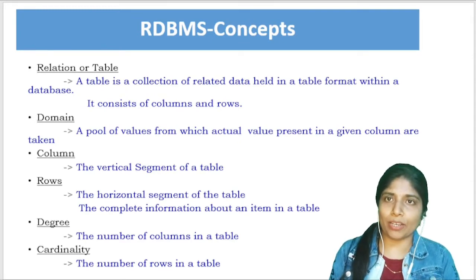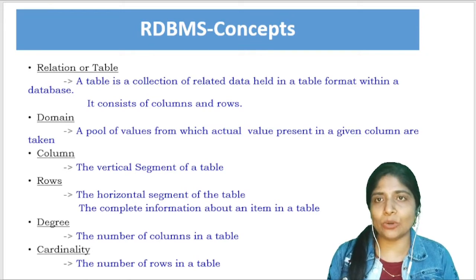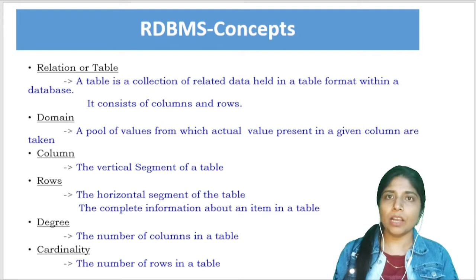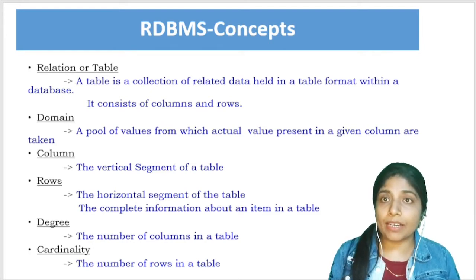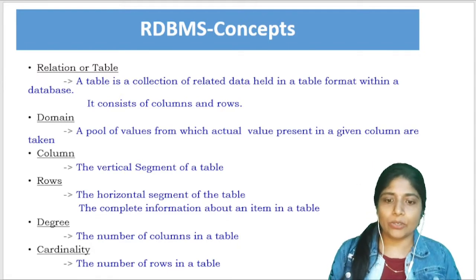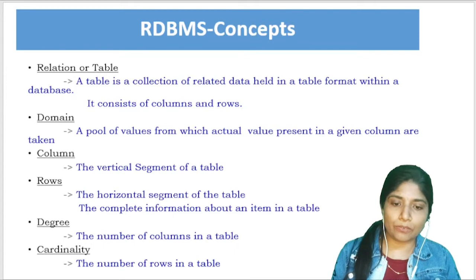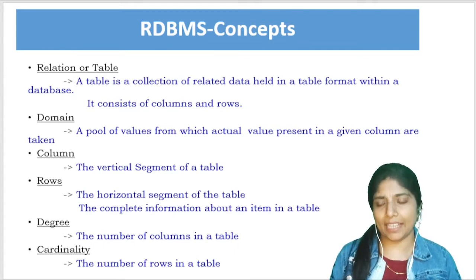So a table is a format where data is stored in terms of rows and columns. Next is domain. Domain is a pool from where the data for the table is chosen. So it is a pool of values from which the actual values present in the table are taken.